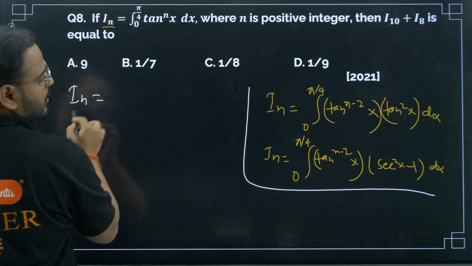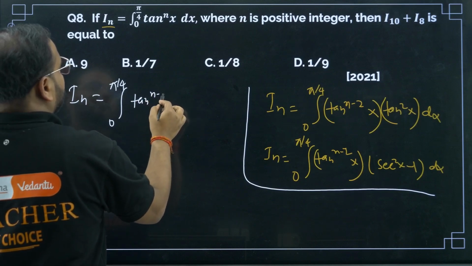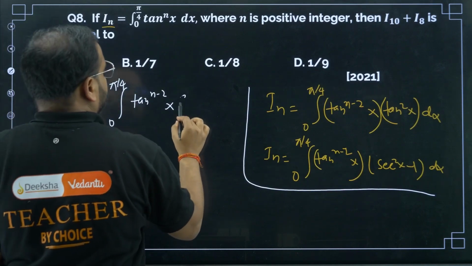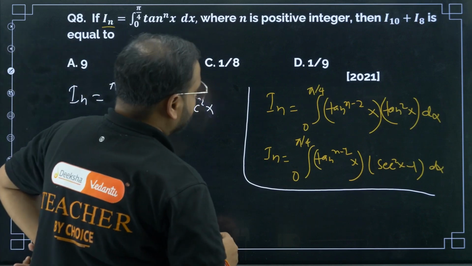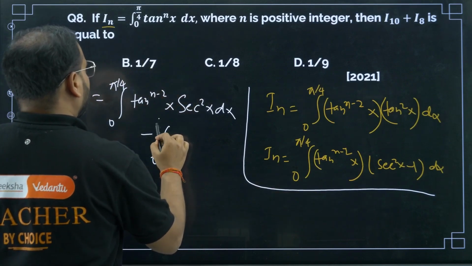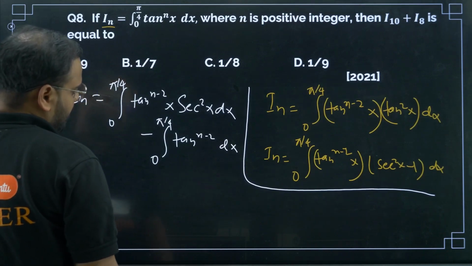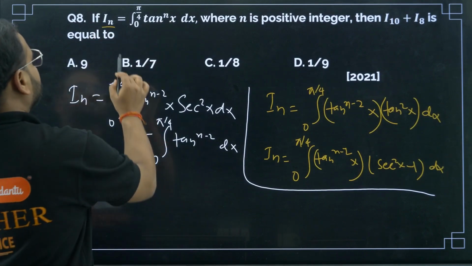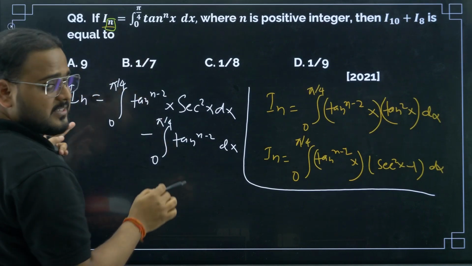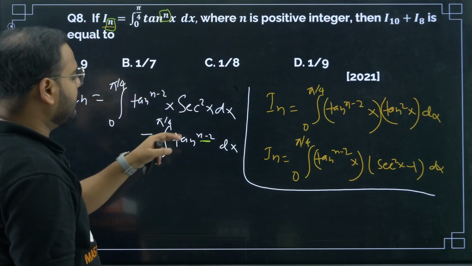So In will be the integral from 0 to pi by 4 of tan of n minus 2 x multiplied with sec square x dx, minus sign will come because of the minus 1, and I will have the same integration again, 0 to pi by 4 of simply tan of n minus 2 x dx. Now, I suffix n means In: when I'm using In, I am having the power of tan as n.